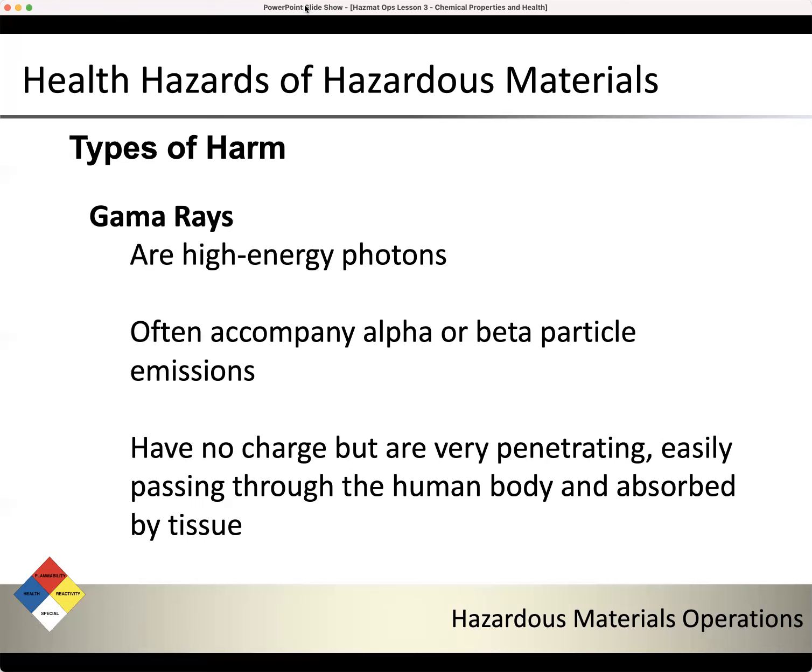Your body's made of atoms, so most of the time, the gamma rays are going to pass through your body without making any change. Every once in a while, it will hit your matter and could change some of its components, such as your DNA, which is bad.